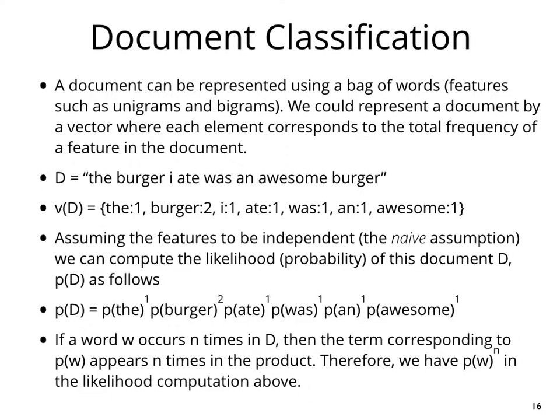So even if you observe the same word multiple times in the review, you should consider all these occurrences to be independent events. So the probability of the document will be the product of individual feature probabilities. And if a particular feature appears multiple times, such as burger appearing twice, you will have a square in the corresponding term. So here we have a square for the probability of the word burger.